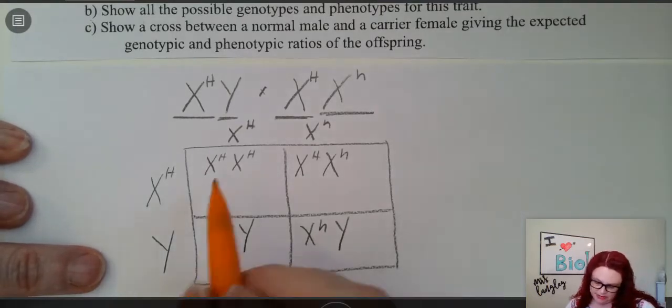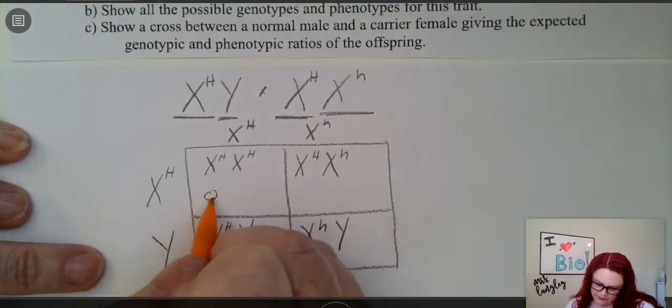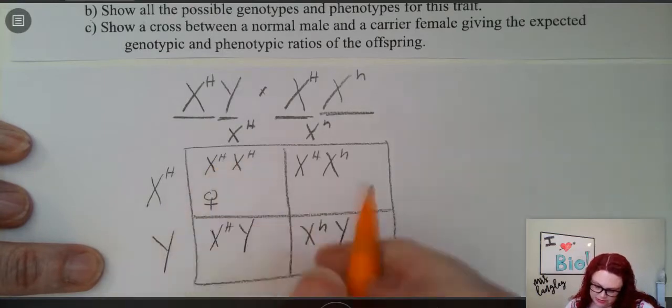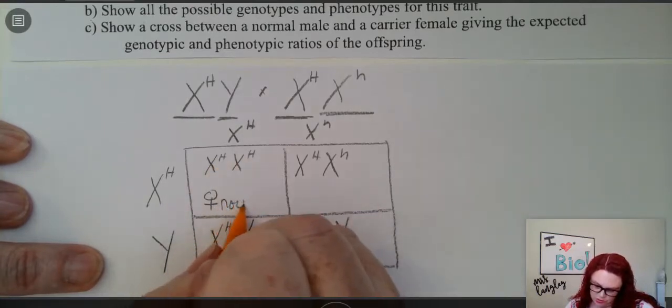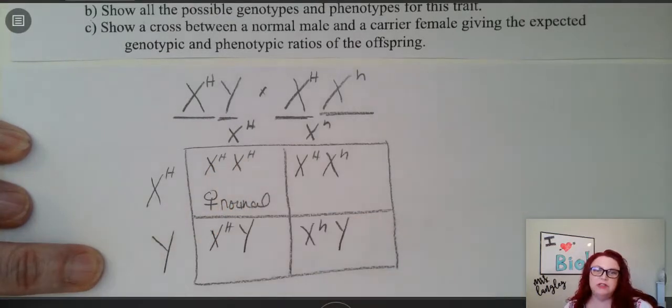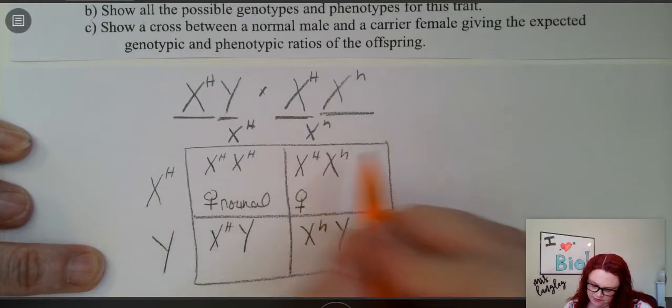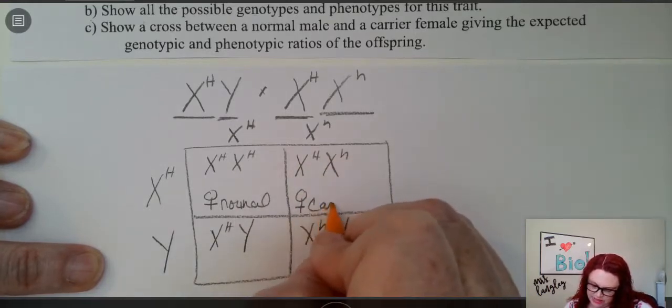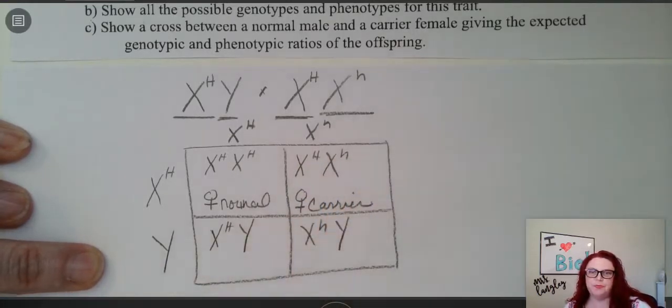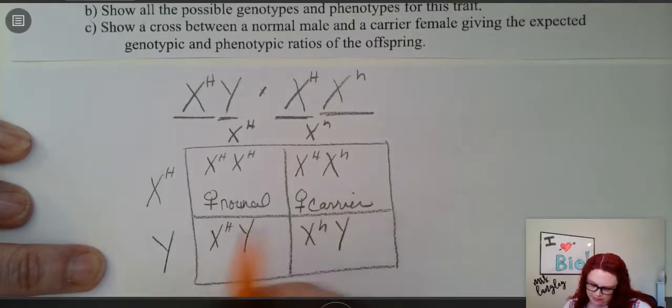If I look at this box, I have 2 X's. That means it's female. 2 capital letters. This means it is normal. Okay. Next, we have 2 capital letters, so female. And then it has one of each. That means that this female is a carrier. Here we have XY, but it has a capital. XY means male.